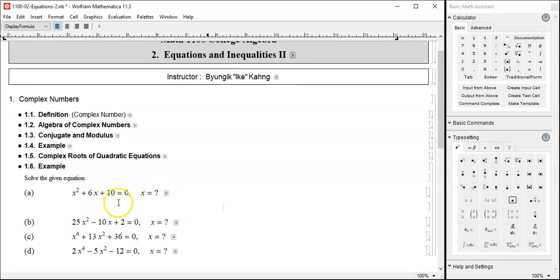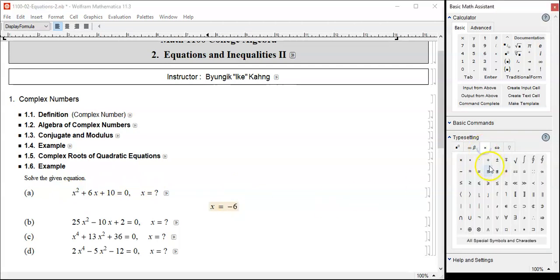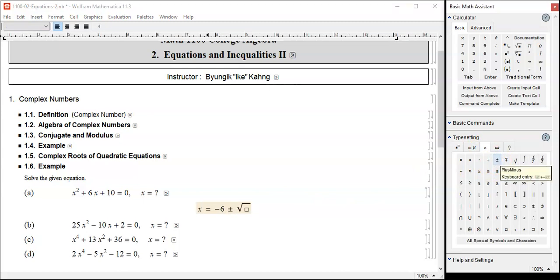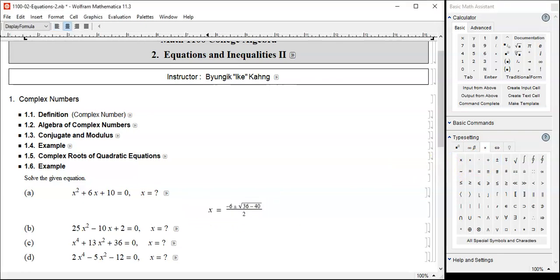Well, let's consider this kind of problem. x equals minus b plus or minus square root of b squared, 6 squared, so 36, minus 4ac, 4 times 1 times 10, divided by 2a, 2 times 1. So we get that.